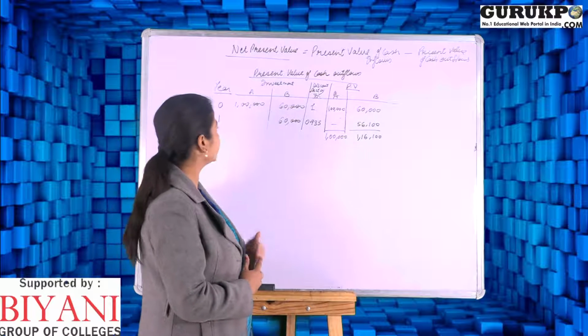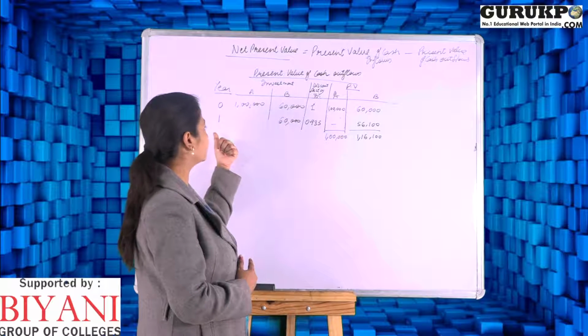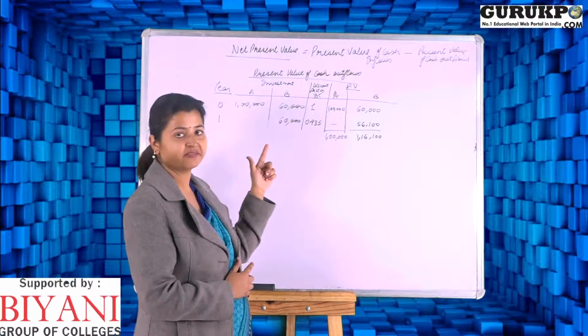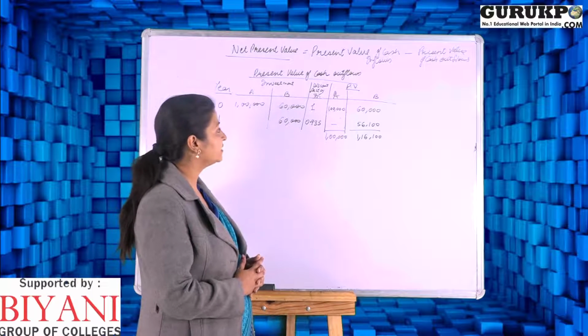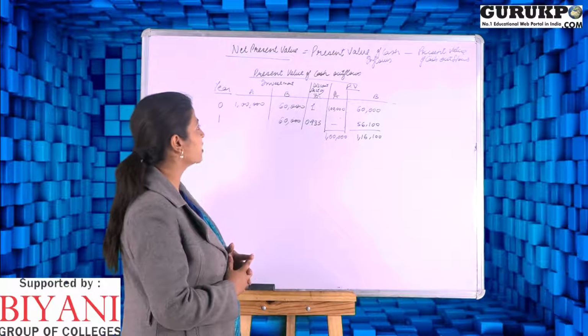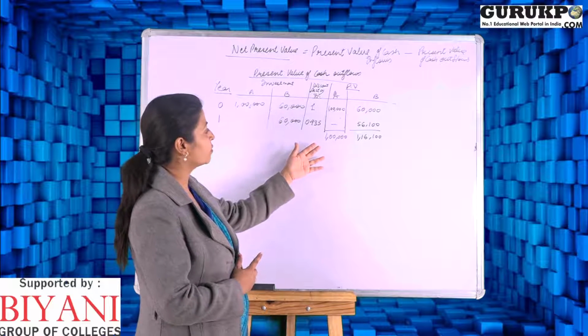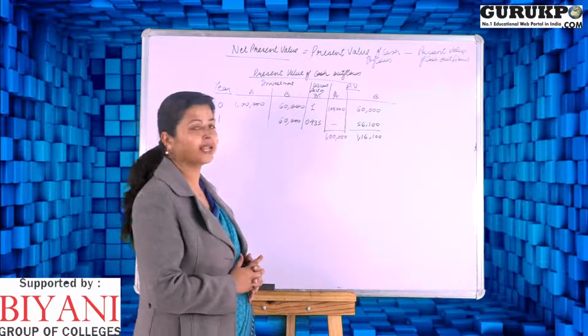The discount factor for year 0 is 1, and for 1 year at 7% it is 0.935. So we get a cash outflow of 1 lakh for A and 1,16,100 for B.